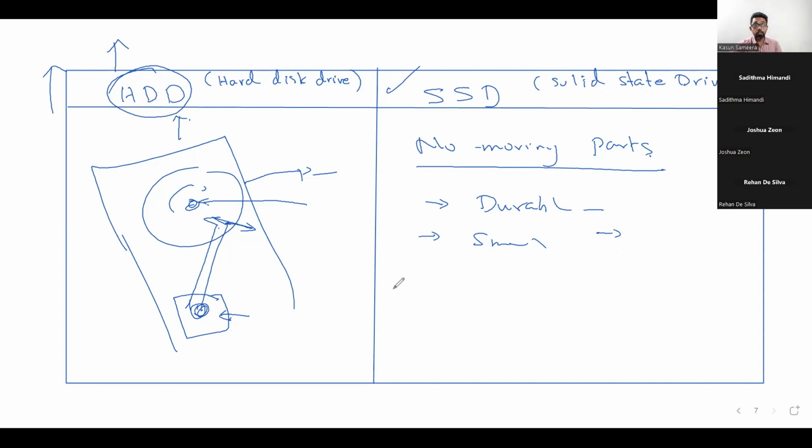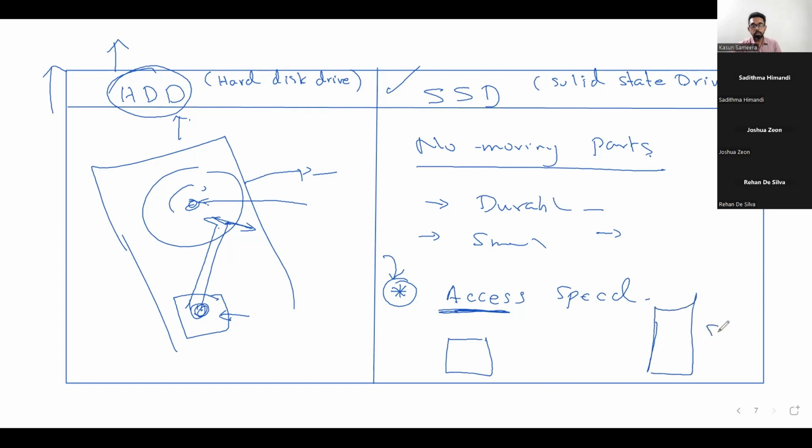And the other main advantage is one of the important factors, which is access speed. What is access speed? Access speed means how long it will take to take some data from SSD to CPU.